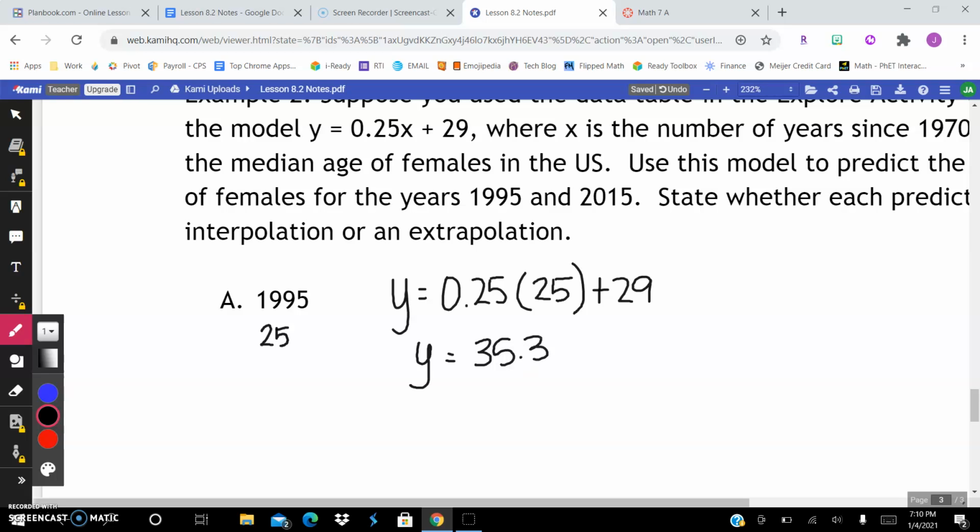So the median age in 1995 is 35.3. And because we plugged in 25 for the x, and remember our x values were between 0 and 40 in those charts we used, this would be an interpolation because it's in between those numbers.